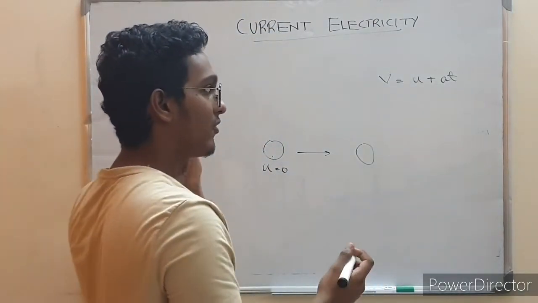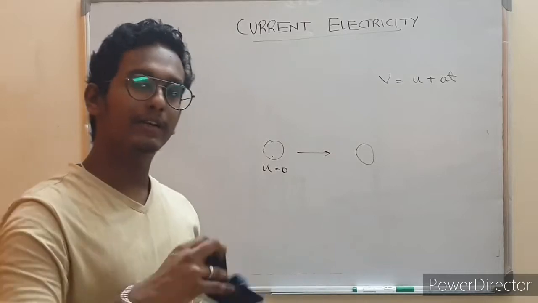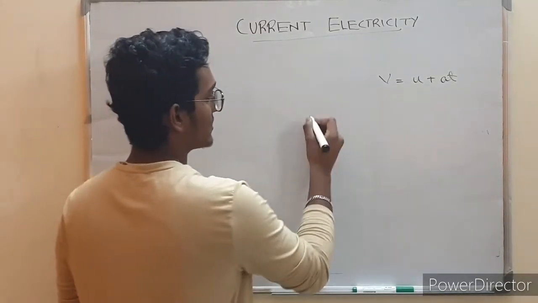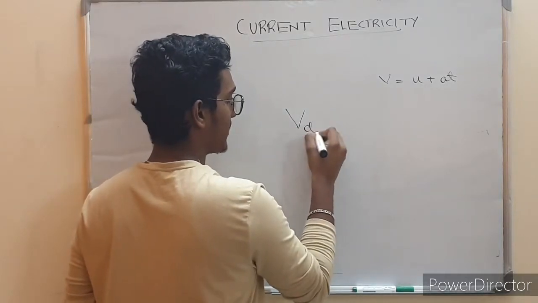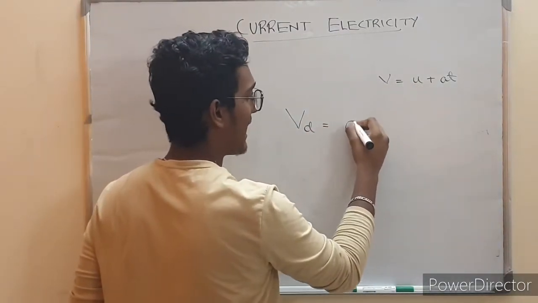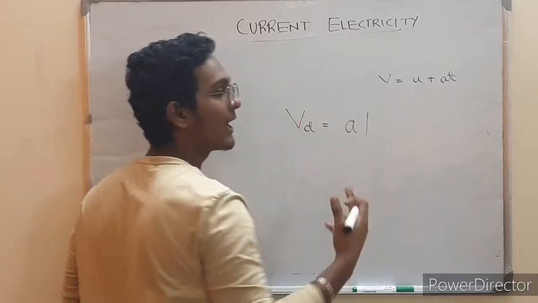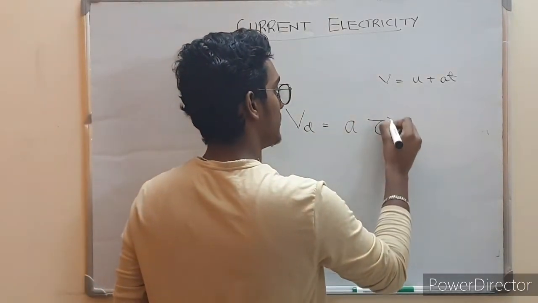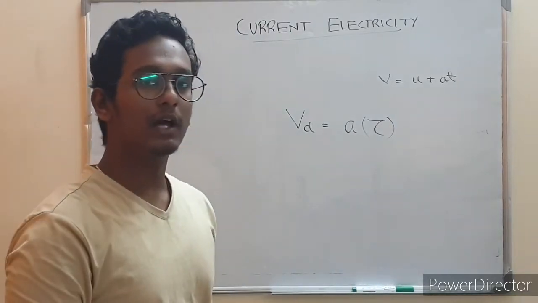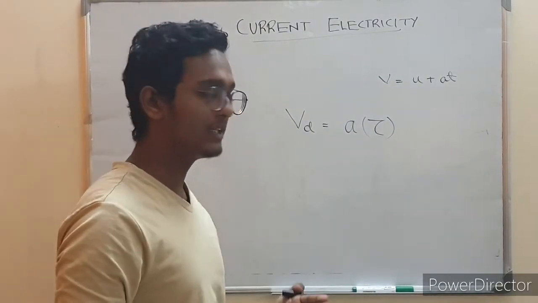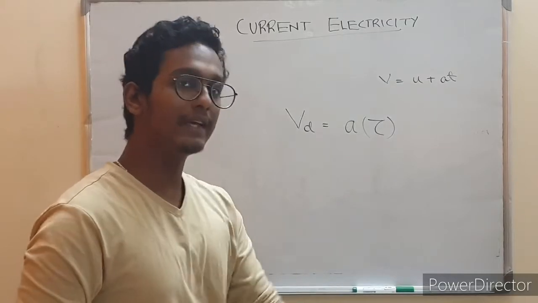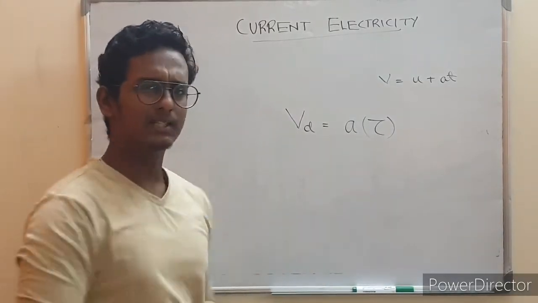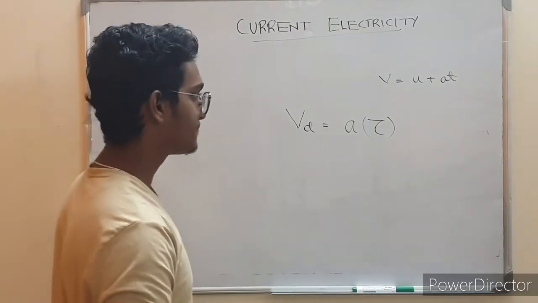So now we are going to modify this equation, and V can be written as Vd, which is the drift velocity. So drift velocity equals, this is 0, acceleration times the time. This is what we discussed. Time is tau. The relaxation time is equal to the amount of time it takes for the drift velocity to regain from 0 initial velocity. So now the only term left is acceleration. How do we find acceleration?